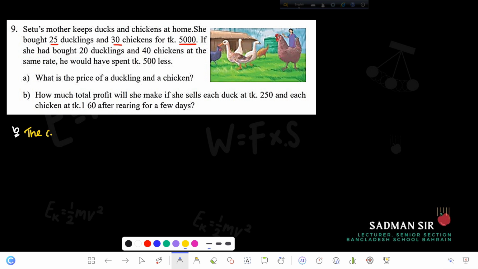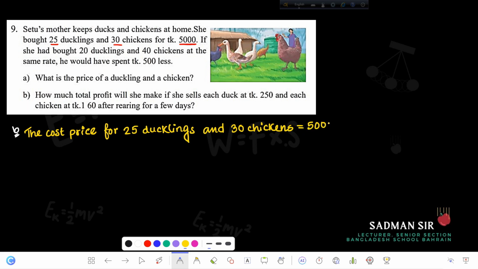The cost price for 25 ducklings and 30 chicken is equal to 5,000 taka.